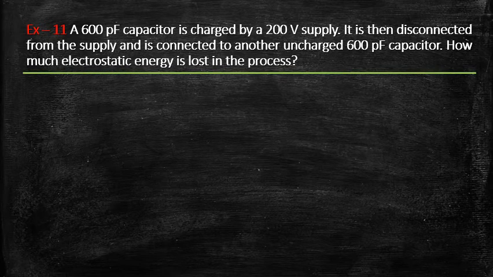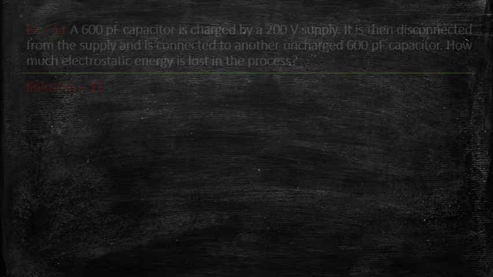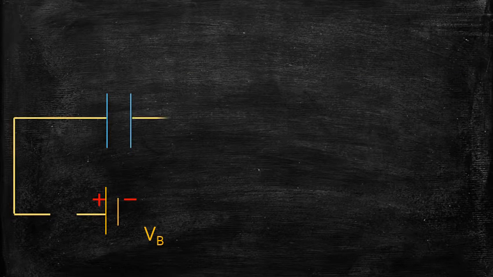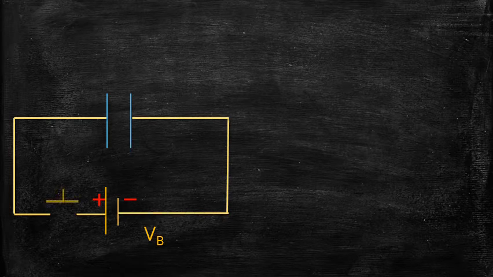So we have a capacitor and a battery connected, and the capacitor is charged with the battery. So if the capacitance is C, the battery is of V volt, and let us label it as capacitor 1.